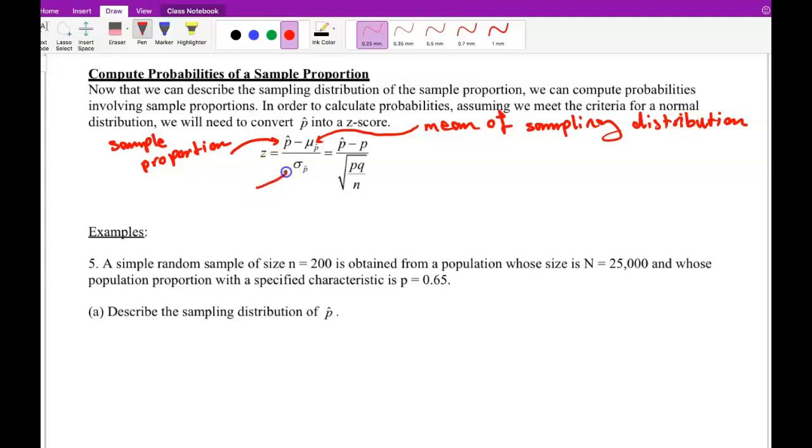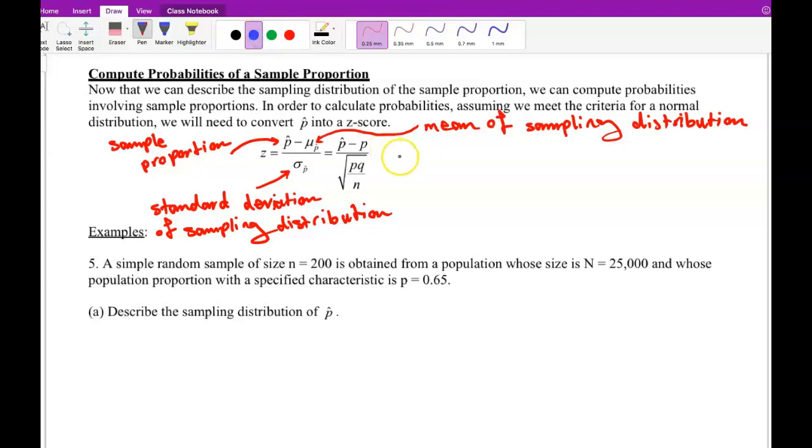And here on this part, the calculation of the standard deviation of the sampling distribution. And this is the population proportion.